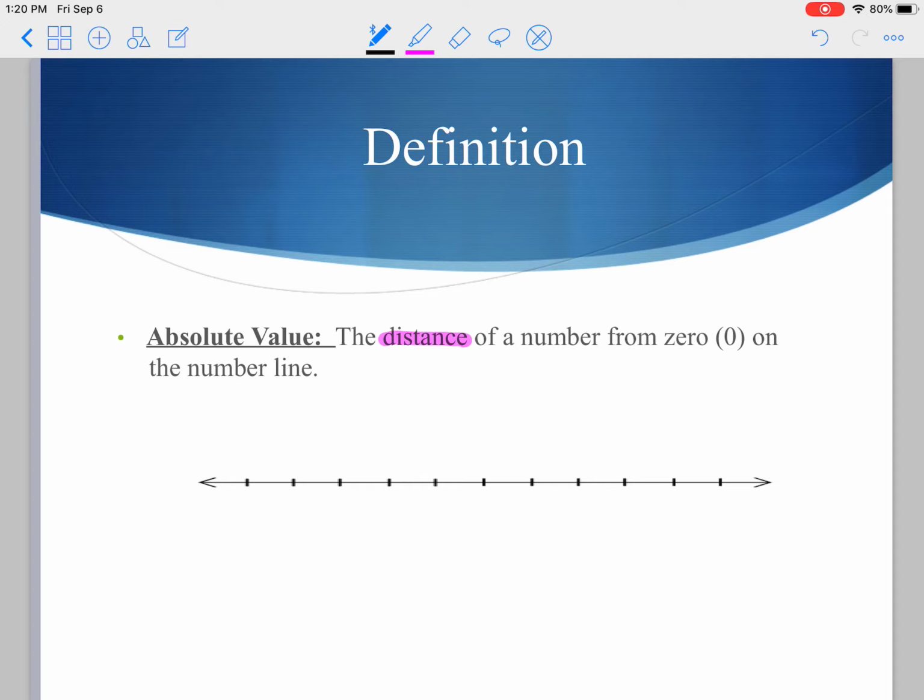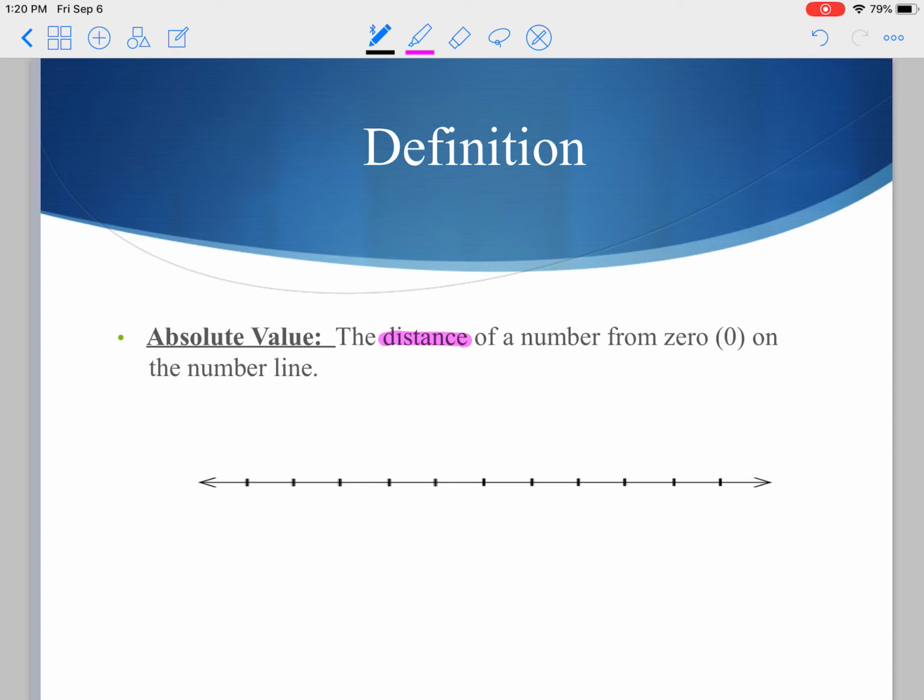We never travel negative distances. So for example, if I travel from Danville to Lexington, I travel approximately 42 miles. When I return home from Lexington to Danville, I do not travel a negative 42 miles. I still travel 42 miles. It's just in a different direction.